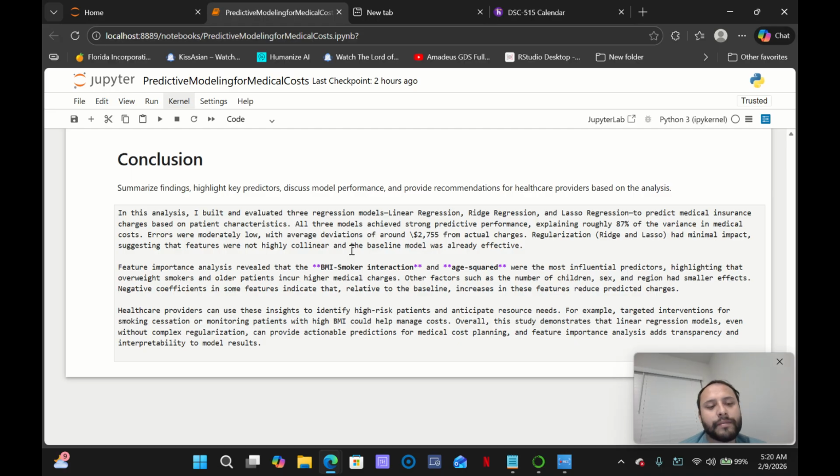Patients with high BMI and smoking habits could benefit from preventive programs to reduce medical costs, such as counseling to share their experience with smoking, helping them in a program to quit tobacco consumption, and helping them reduce their weight.